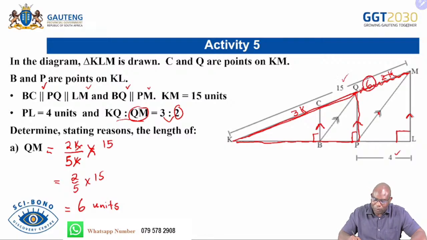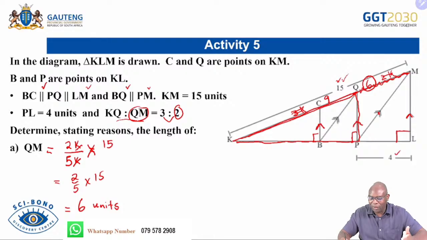So obviously for me to get KQ, the whole length of KQ will be 3 over 5 times 15, which will give me 9. So that whole length there will be 9. So 9 plus 6 gives us 15.